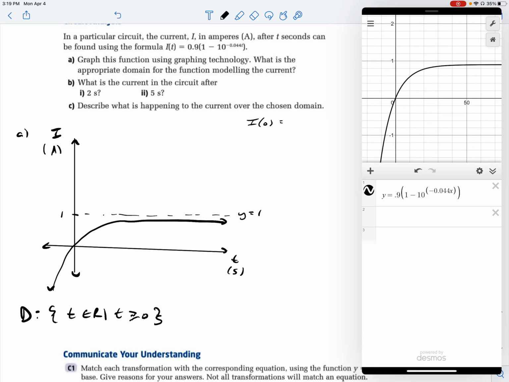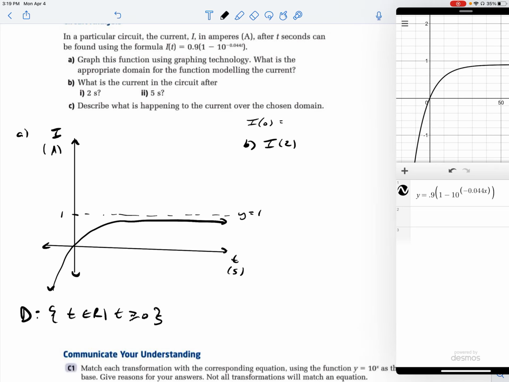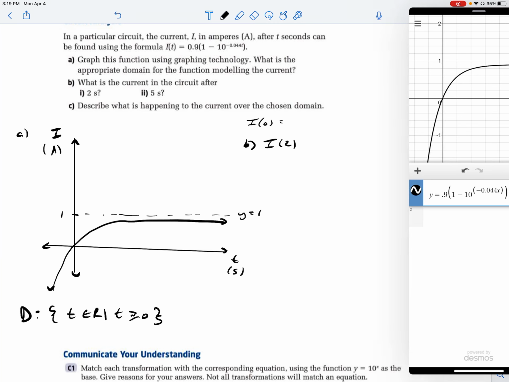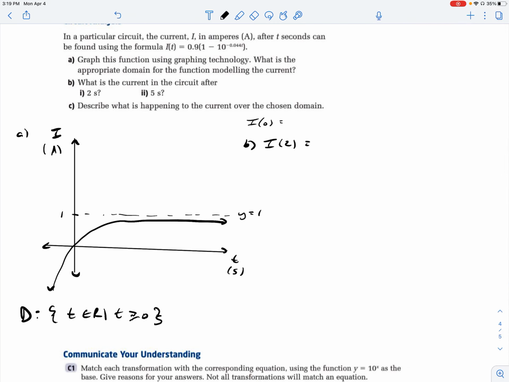So part B, what is the current in the circuit after 2 and 5 seconds? Well, we just want to find I of 2. So I of 2, we're going to have 0.9 times 1 minus 10 to the negative 0.044 times 2.